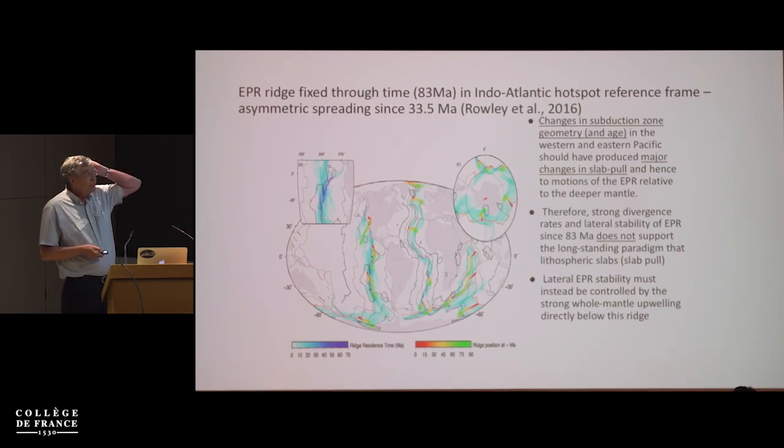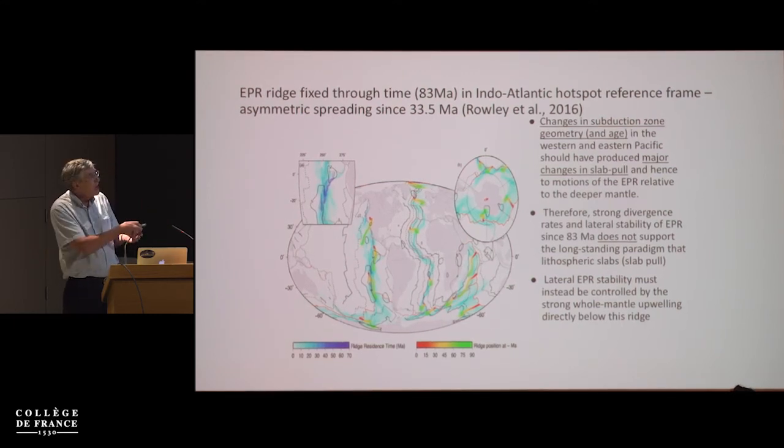Dave Rowley in his paper noticed that the East Pacific Rise is quite interesting in the south. It has asymmetric spreading. So the dashed line here is the 35 million year paleomag line for age, and it's asymmetric in the East Pacific Rise. And he looked, the colors here are telling you the residence time, where in the hotspot reference frame the East Pacific Rise has been in the past.